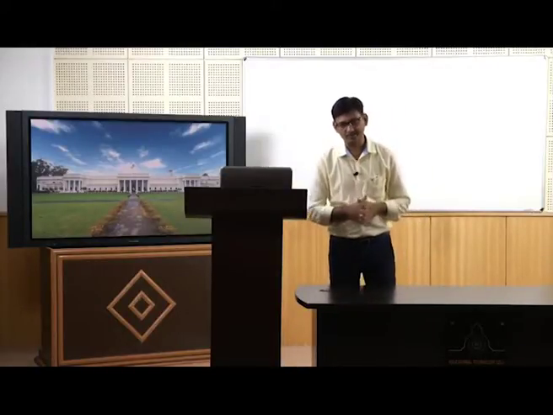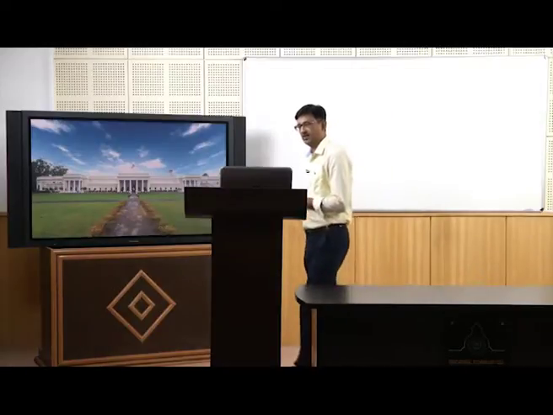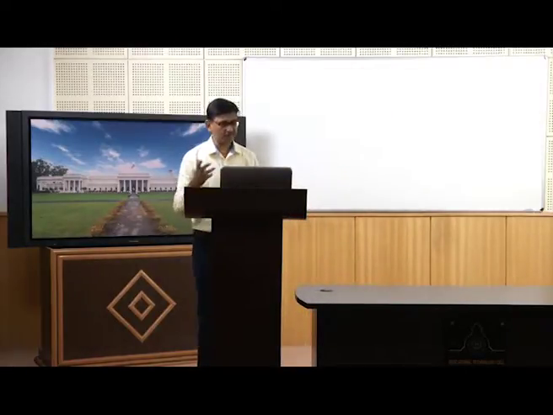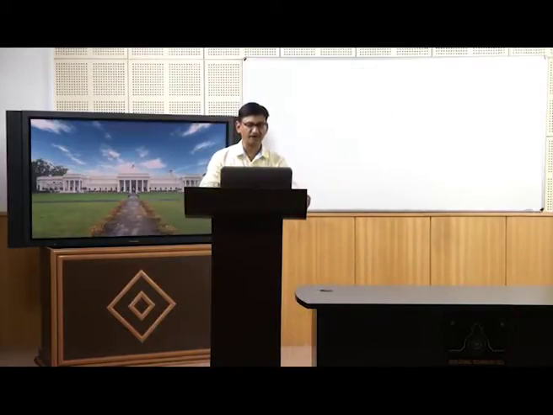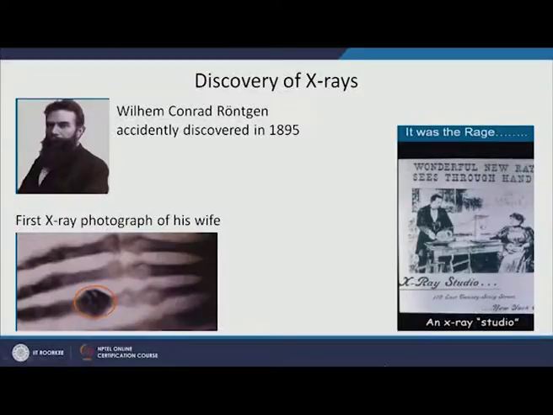He was doing some experiment, and he took the first X-ray photograph of his wife. In the bottom picture you can see all the bone structure of her hand, and in fact you can also see the ring she was wearing, on her middle finger.